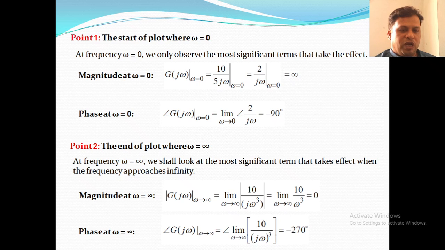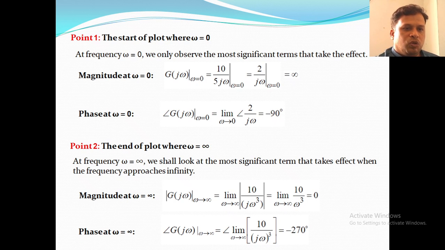The values we wrote in the tabular column are mentioned like this: 0 and minus 270, the magnitude and phase at omega equal to infinity, as well as at omega equal to 0. For omega equal to 0 and omega equal to infinity, we got different values of magnitude and phase. These are important because the magnitude and phase are essential for plotting the Nyquist diagram.